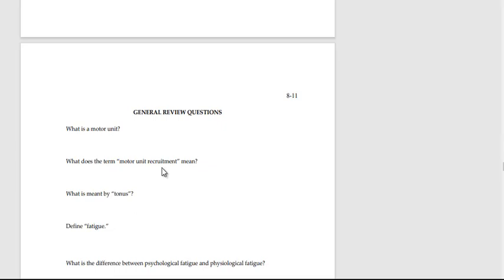Tonus. Normally your muscles aren't completely limp at any time. You'll always have a few of your muscle fibers contracted, and that's what we call muscle tone. Now, if you've ever looked at somebody who's truly asleep and not pretending, the muscles go slack, their mouth comes open, a lot of times they drool, and so they have much less muscle tone. So tonus is what we call muscle tone, where you have a few of your muscle fibers contracted to keep the shape of your face.